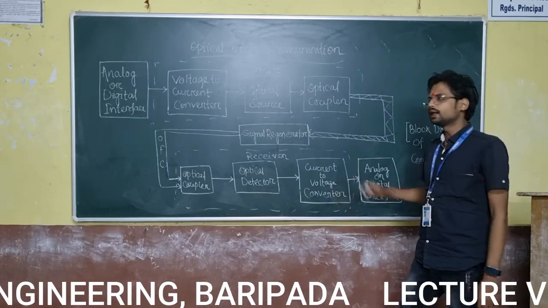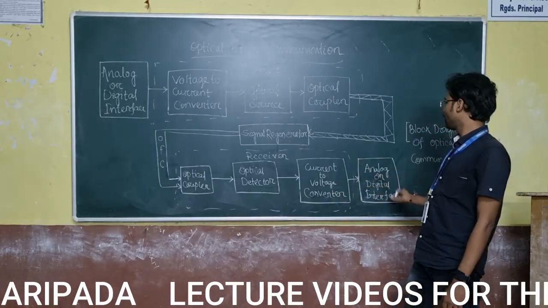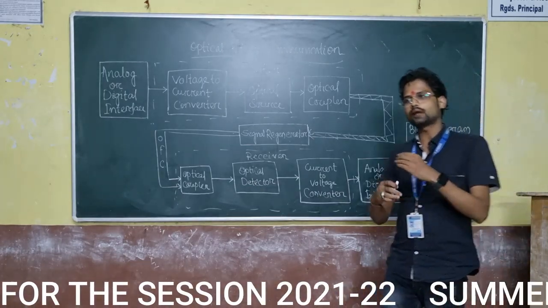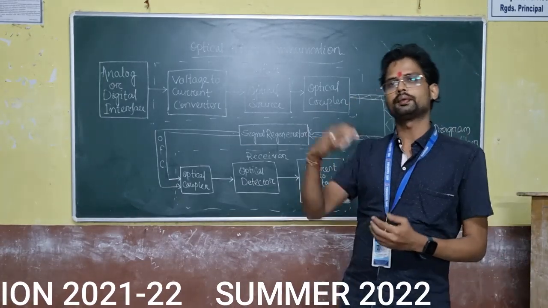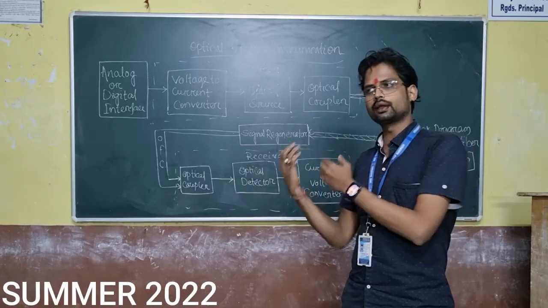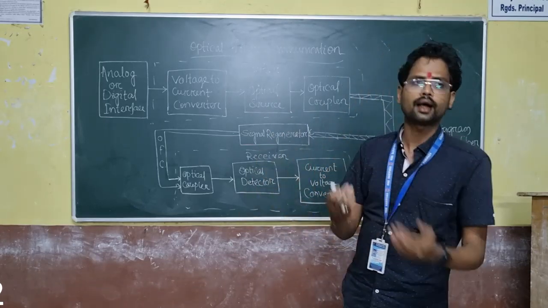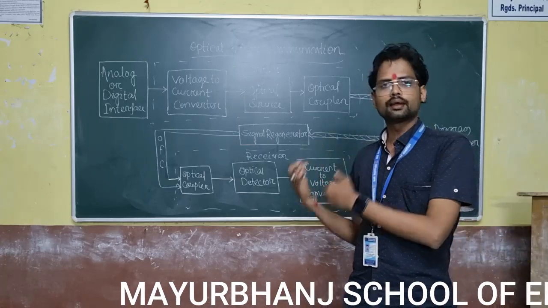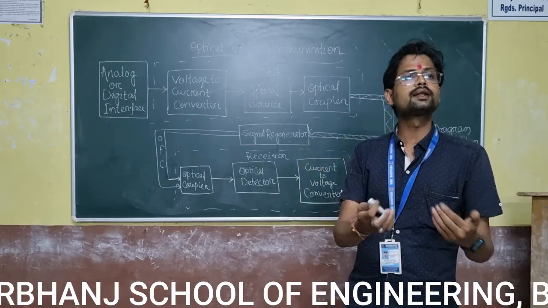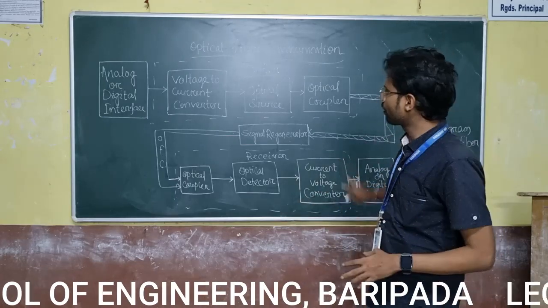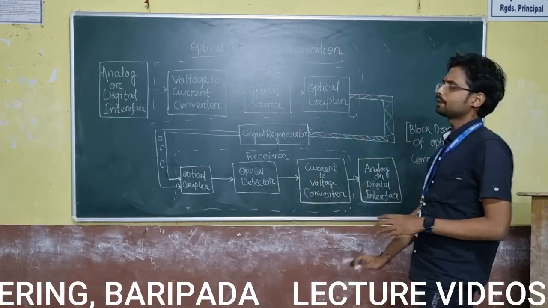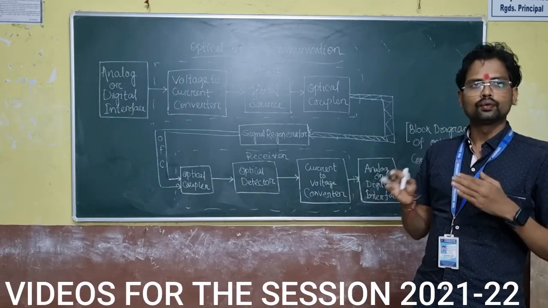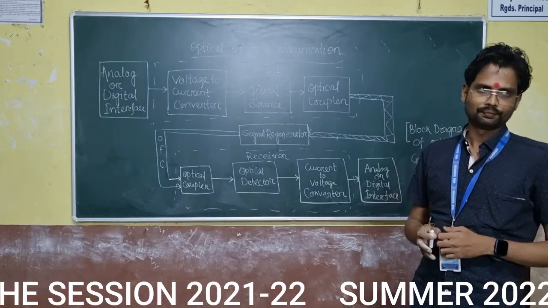And here is the information, and it will be sent to the analog or digital interface. If the signal is in analog form, it will arrive at the destination in analog form. If the signal is in digital form, then it will arrive at the destination in digital form. By this process, optical fiber communication of the signal is performed.